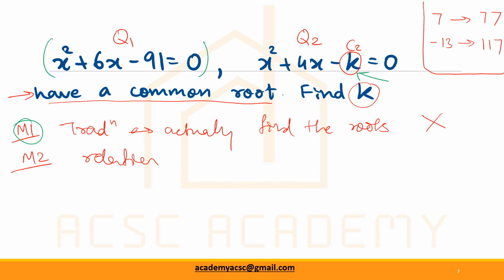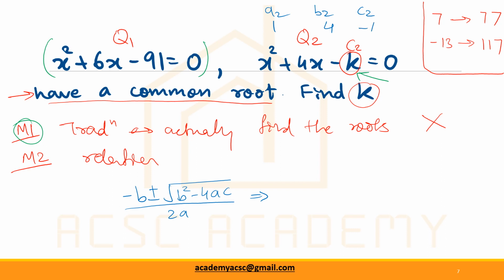So we will have the roots of Q2 as minus b plus minus root over of D, which means b squared minus 4ac upon 2a. Let us note down a2, b2 and c2. a2 is 1, b2 is 4 and c2 is minus k.